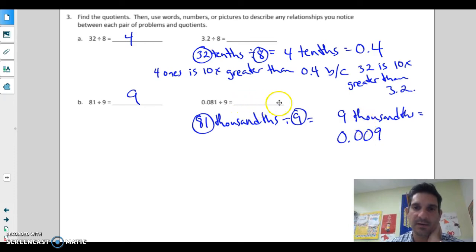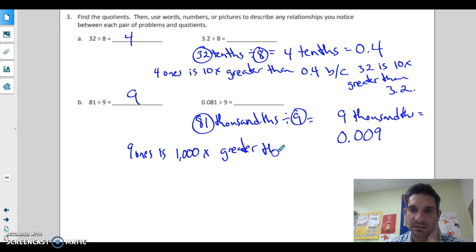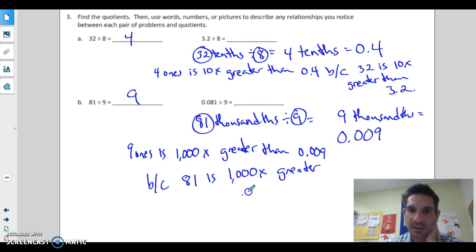And then the same thing, you could say 9 ones is 1,000 times greater than 9 thousandths, because 81 is 1,000 times greater than 81 thousandths. Okay?